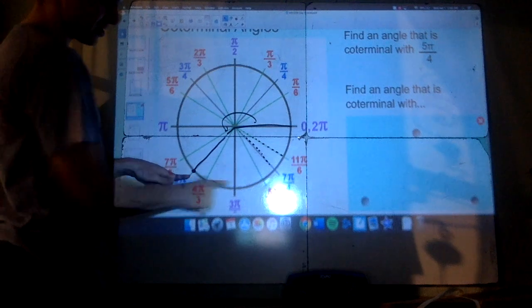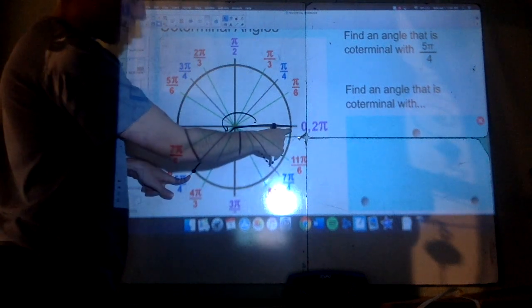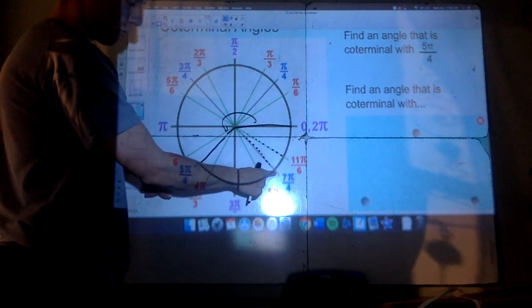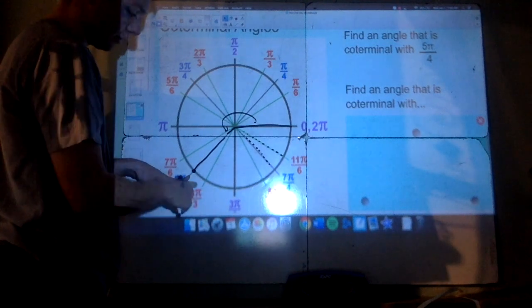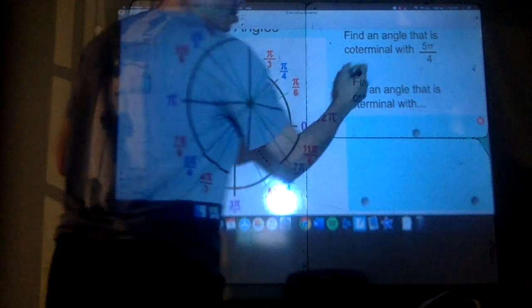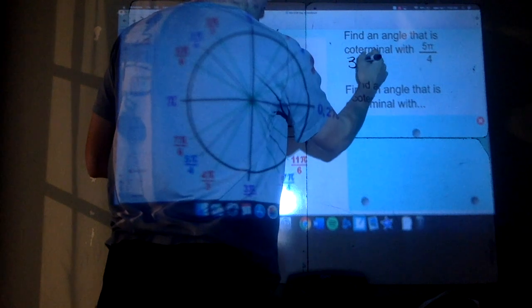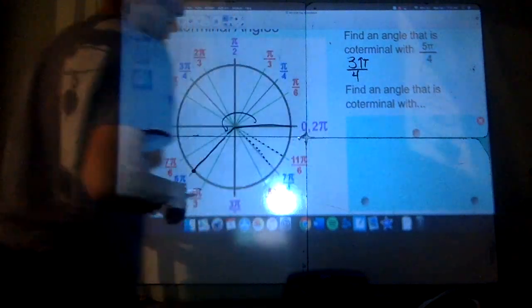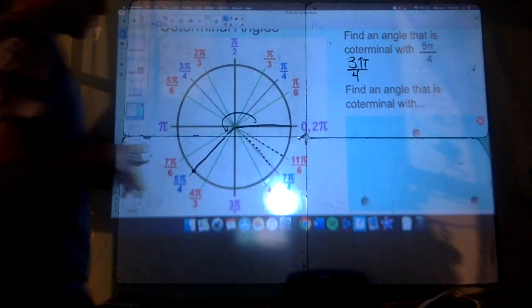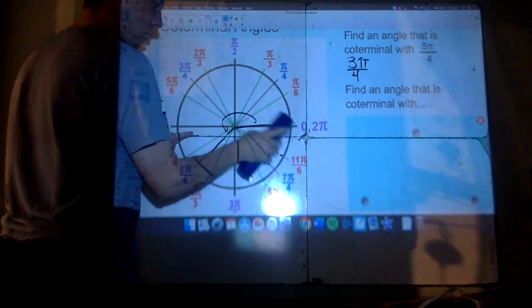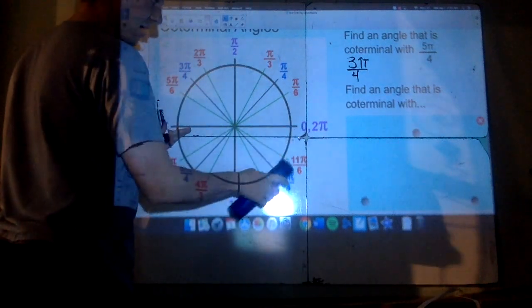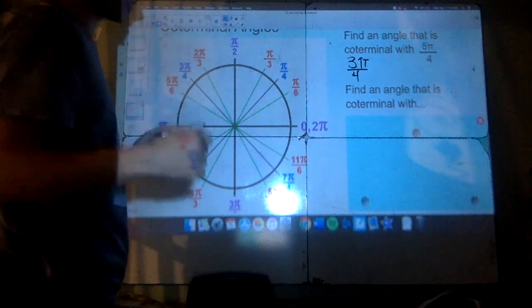So we see that this is going to be with one of the reds. I'm going to count by pi over 4: 1 pi over 4, 2 pi over 4, 3 pi over 4. So that's how we're finding angles that are coterminal. I like to just count 1, 2, 3, 4, 5, counting by pi over 4 or pi over 6.